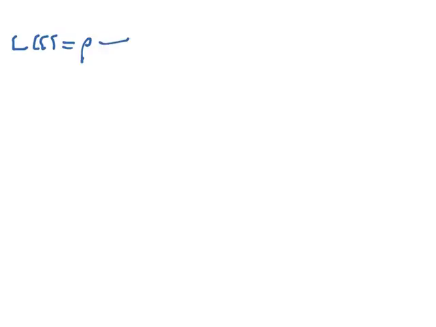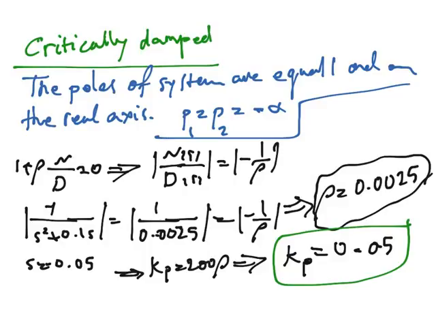It is rho times 1 divided by S times S plus 0.1. And since the value of rho is equal to what we have obtained here, we can just replace it over there.